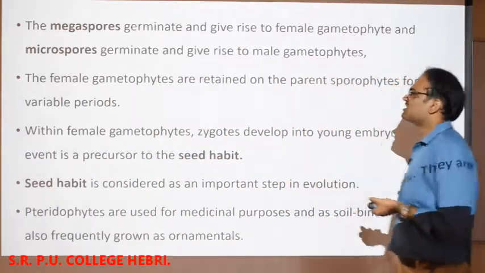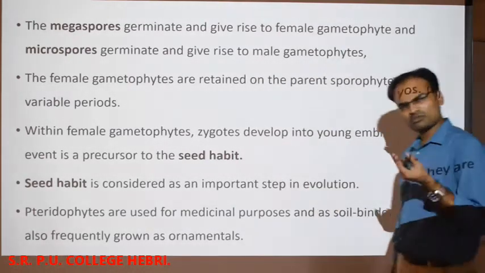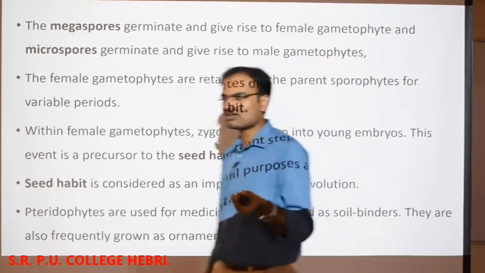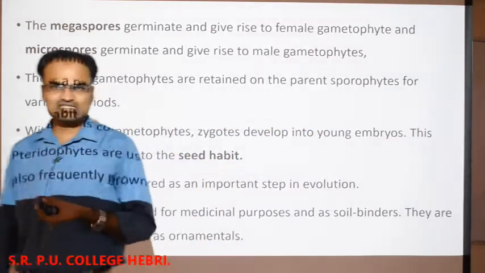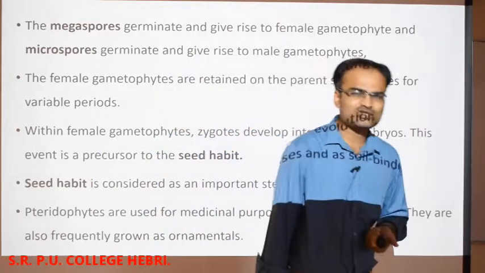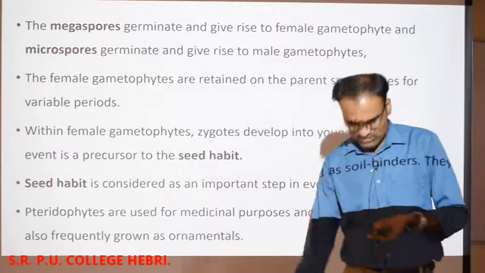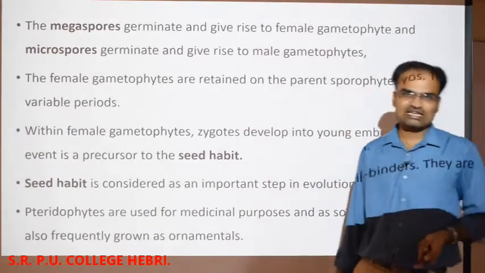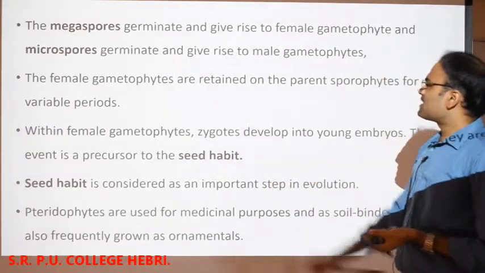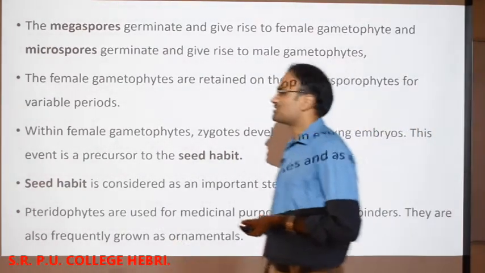The megaspores germinate and give rise to the female gametophyte, and microspores germinate and give rise to the male gametophyte, as we know in the case of heterosporous plants, isn't it? But in the case of homosporous plants, what will happen? Only one type of spore is present, and we don't know which is going to produce the male prothallus or which is going to produce the female prothallus. The female gametophytes are retained on the parent sporophytes for variable periods.